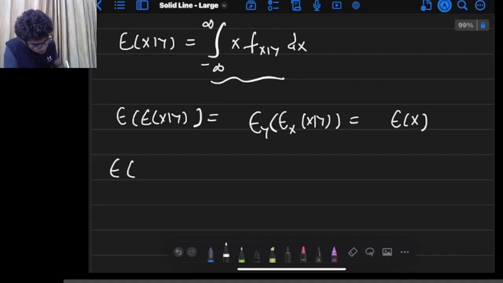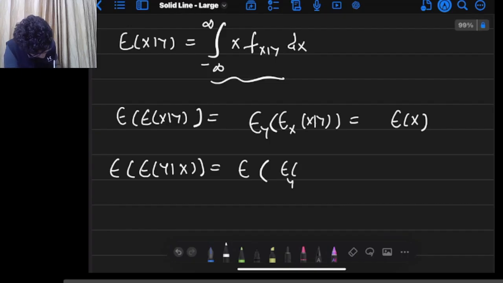If I am writing the expected value of y conditional x, then this will be with respect to x, which will ultimately give me the expected value of y only.